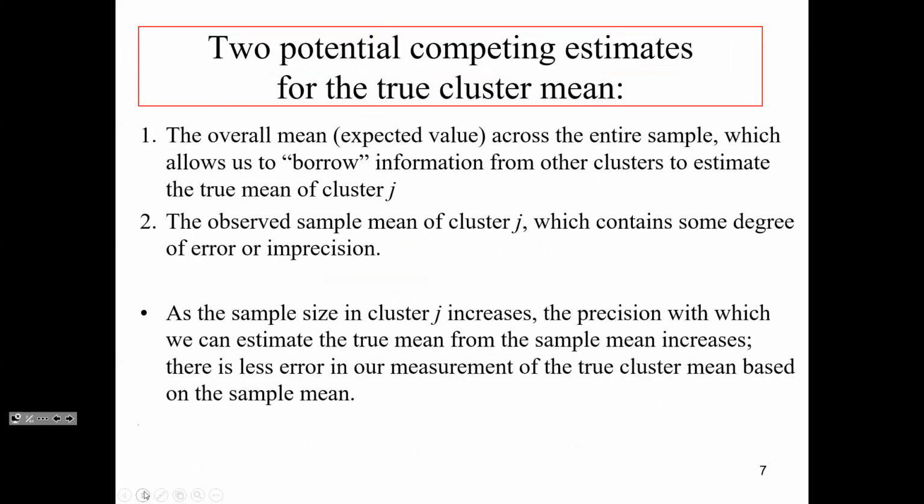So again, just to reemphasize this, there are two competing estimates you could imagine for the true school mean. Again, imagine we've got an unconditional model here. So we've got gamma naught naught, that's our overall mean.